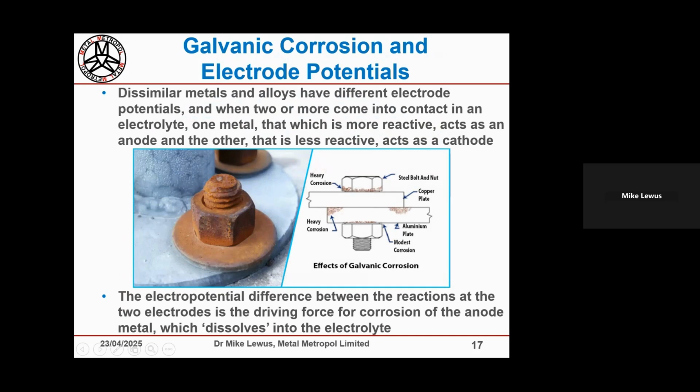And because the difference in electropotential between steel and aluminium is greatest, you find that we'll get a part of the components that's heavily corroded and another part that's less heavily corroded. So you'll see different levels, and actually most of the corrosion is focused close to the contact and interfaces as well.